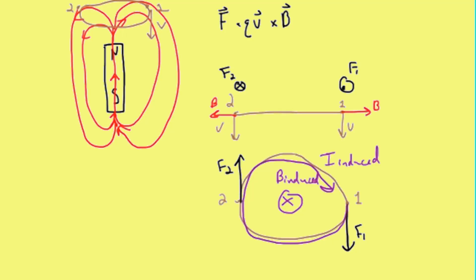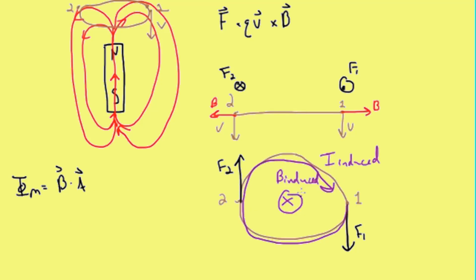If we write down the magnetic flux, B dot A, then from Lenz's law, what we see is that nature wants the magnetic flux to be constant.